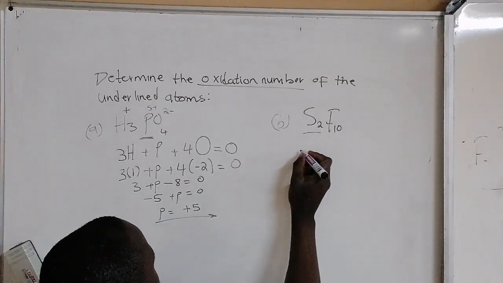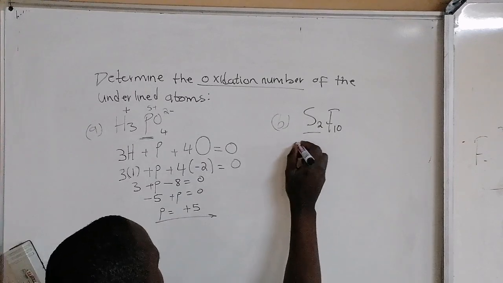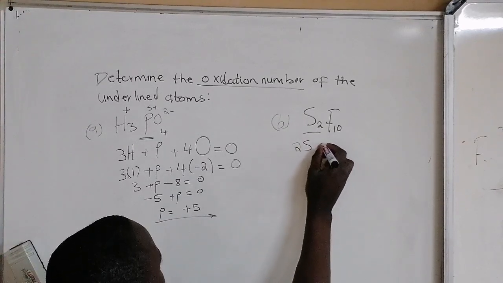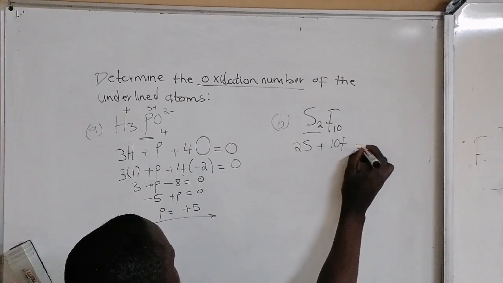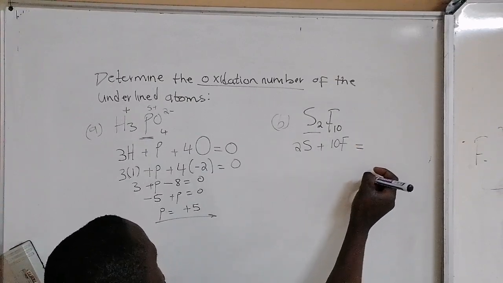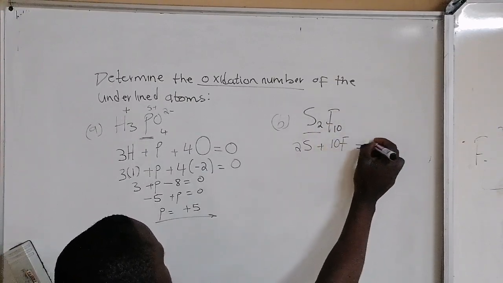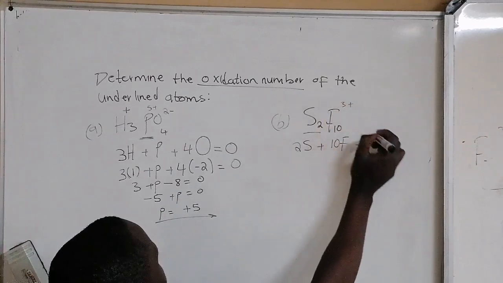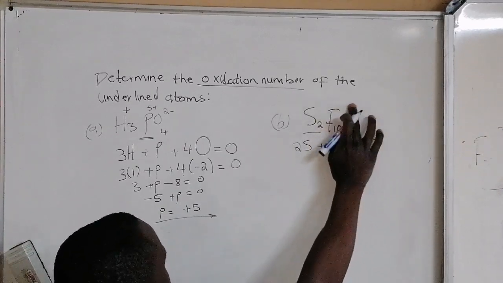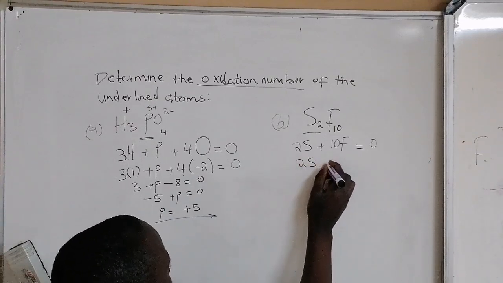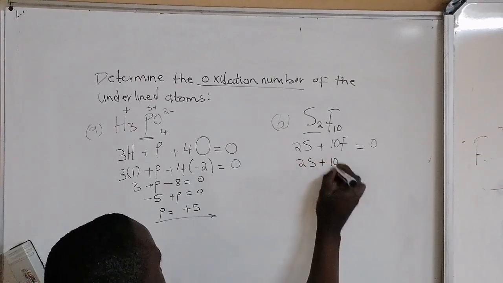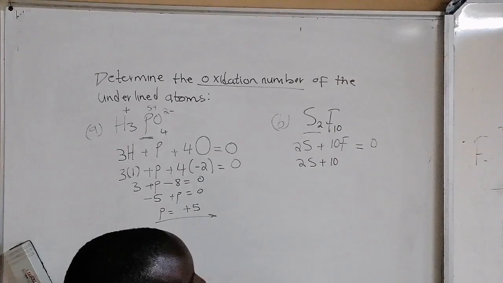Now here we are to determine the oxidation number. We'll say 2 S plus 10 fluorine equals the net charge. What is the net charge? Since we're not given it, it means it is 0. But if it was 3 plus, we'd say it is 3. So 2 sulfur plus 10 fluorine.